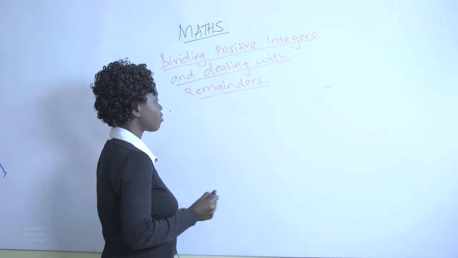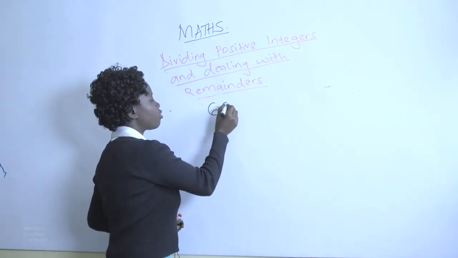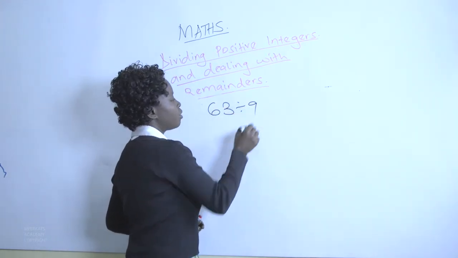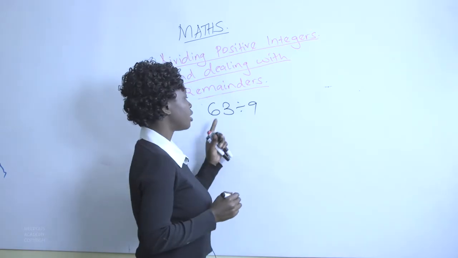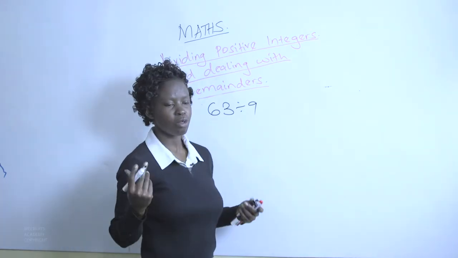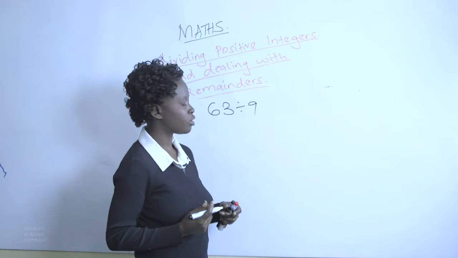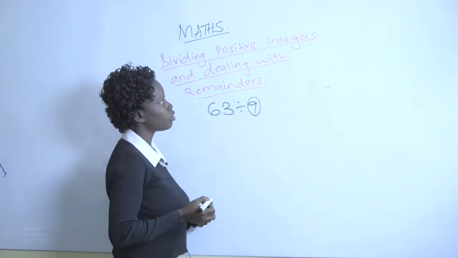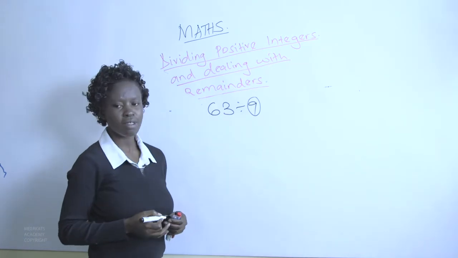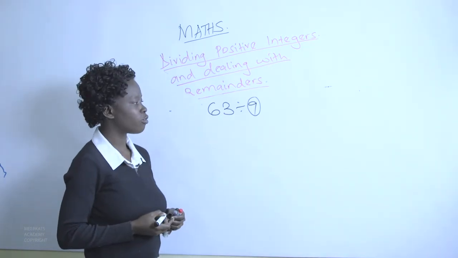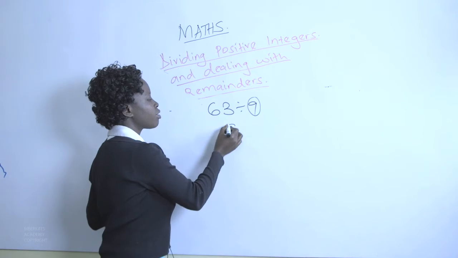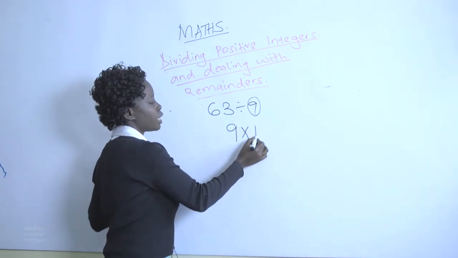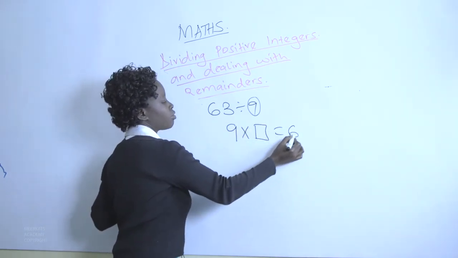So in this case, for instance, when you have 63 divided by 9, it simply means you apply your multiplication tables. When we were introducing the division, we simply said it is the reverse of multiplication. So it means there is a figure, when I multiply by 9, I will obtain 63.